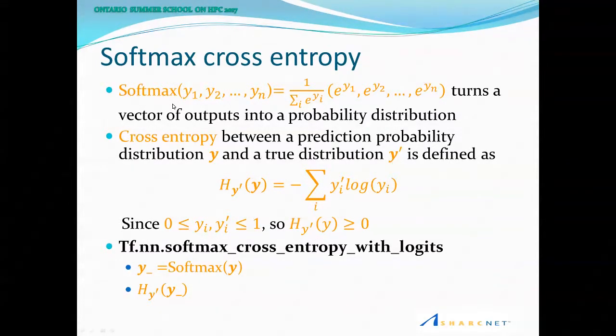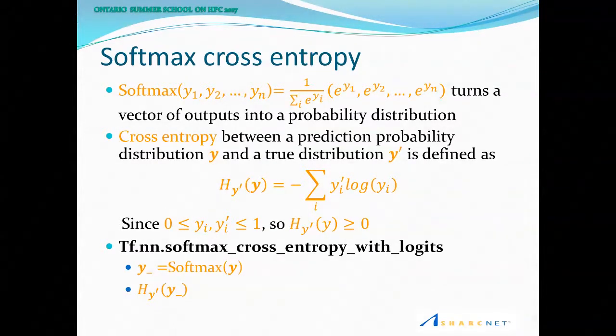So let's say we have output from the neural network, Y1, Y2 until Yn. In our case, n is 10, and we squash those numbers into a range between 0 and 1, and make them sum to be 1.